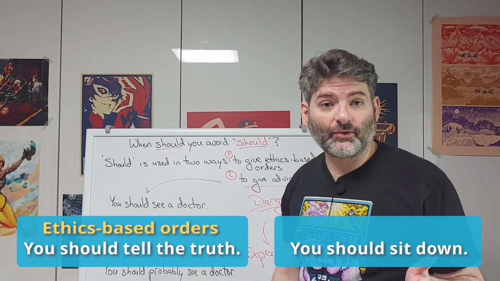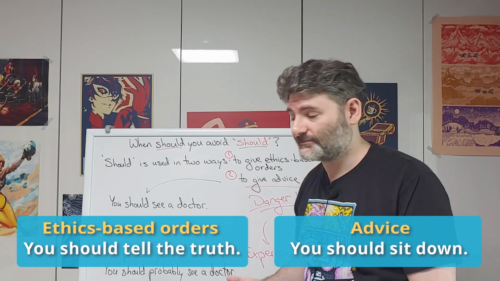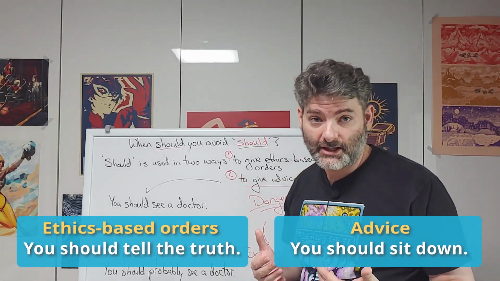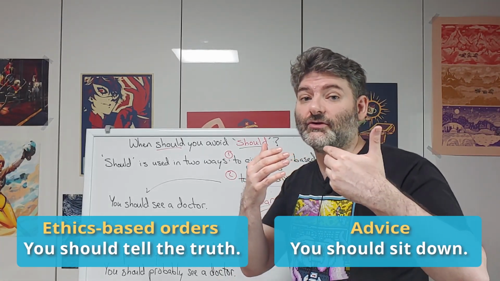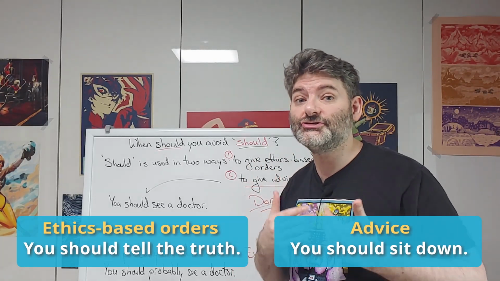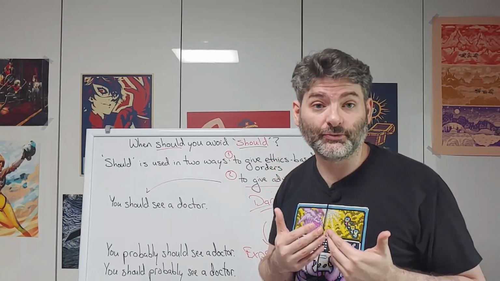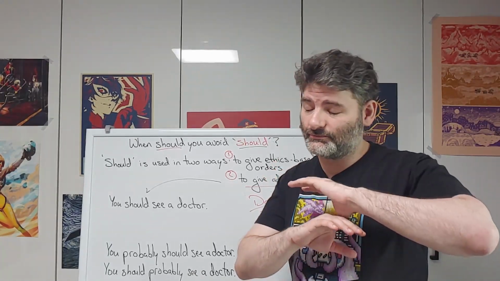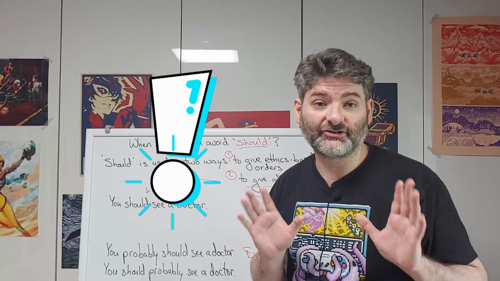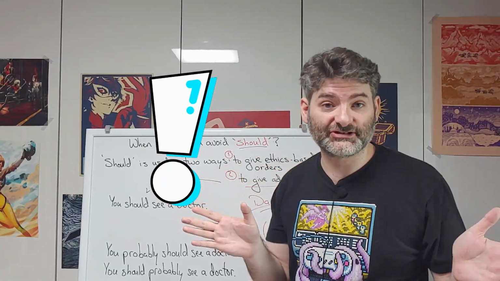You should sit down is advice, as we indicate here. If we use that to give an order, if the intention is you should sit down as an order, that is incredibly rude in English. It pretty much will guarantee a fight almost instantly.